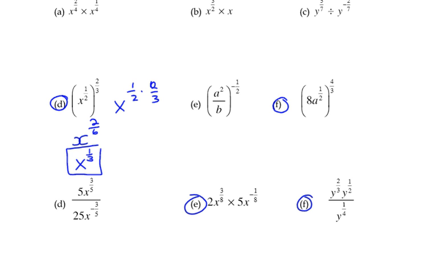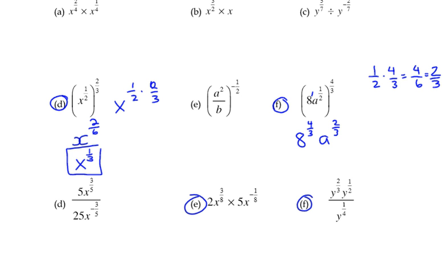This 4/3, who does it apply to? Everything inside, including the 8. So 8 is going to become 8 to the power of 4/3, right? This is a 1. Power to power, you multiply. So 8 to the power of 4/3, and 8 to the power of, what's a half times 4/3? 4/6 or, close, 2/3.